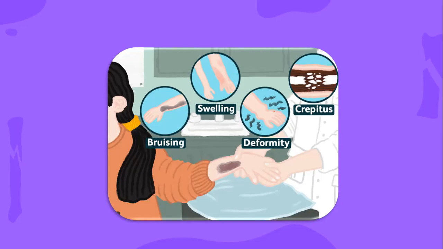I mean, there are some findings that would indicate a certain kind of fracture. Does anybody know what a Colles fracture is? For an extra point, guys, does anybody know what a Colles fracture is?